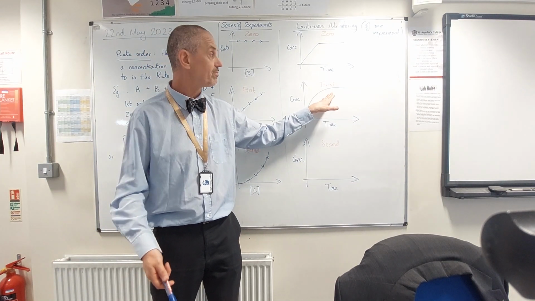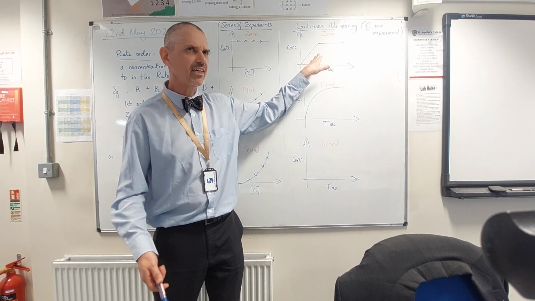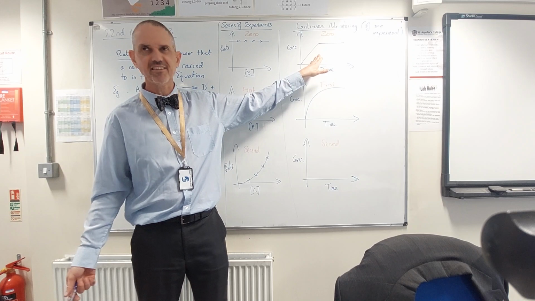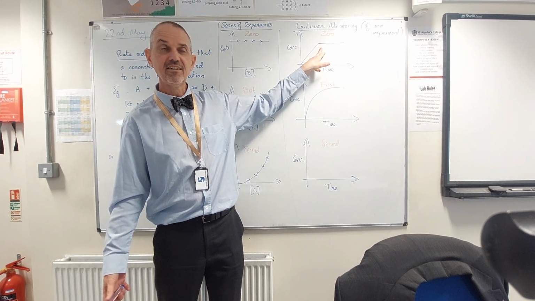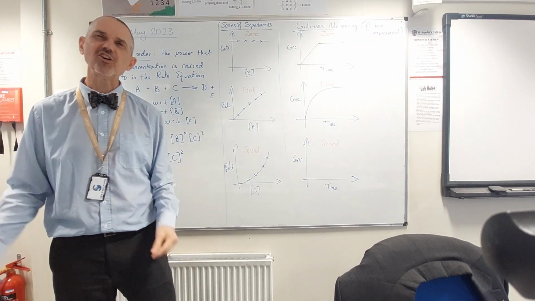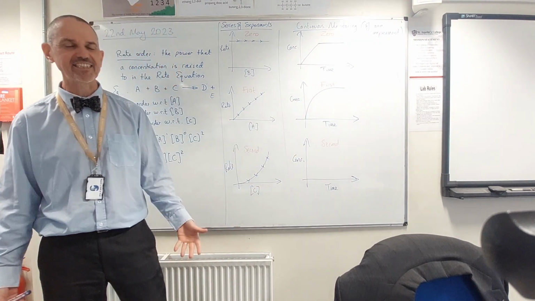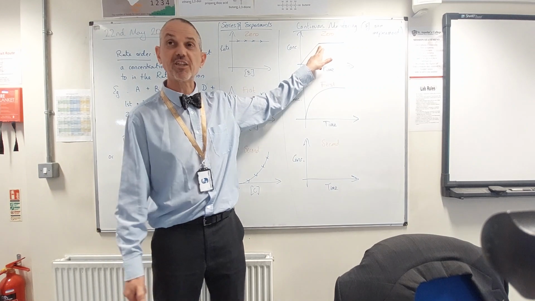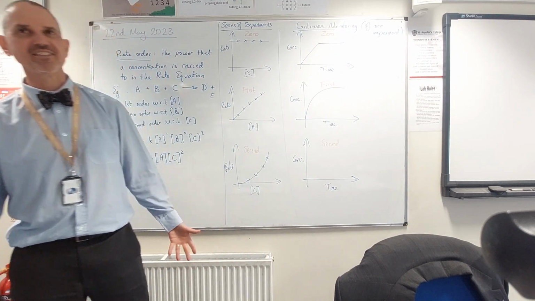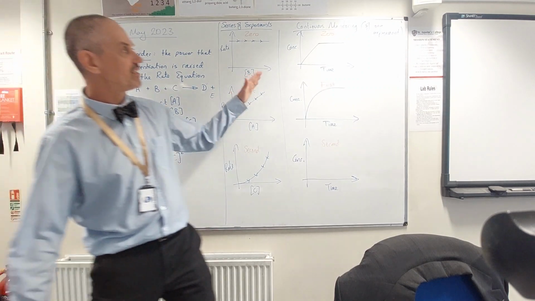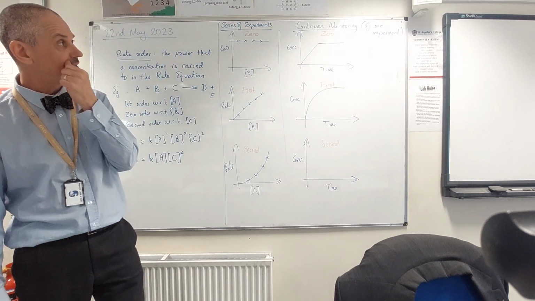But here, the concentration doesn't affect rate because it's zero order. So the reaction is still proceeding, but the changing concentration of the reactants isn't affecting the rate. Until, of course, it runs out, and then you won't get any more product, because the reaction's finished. But up until that point, it'll proceed at the same rate.